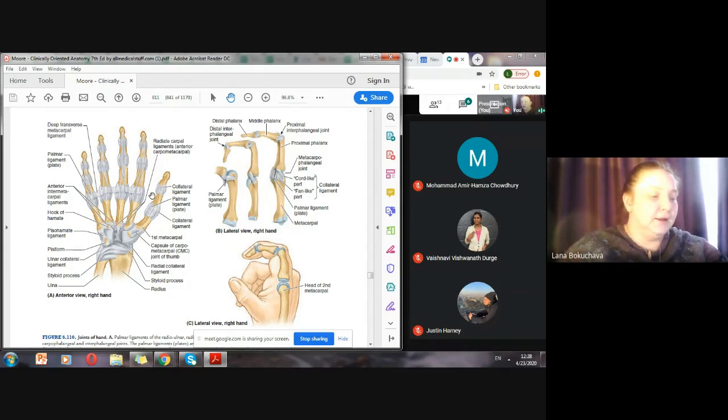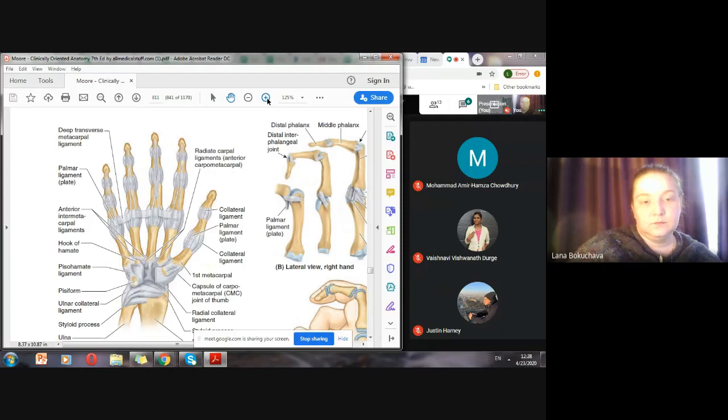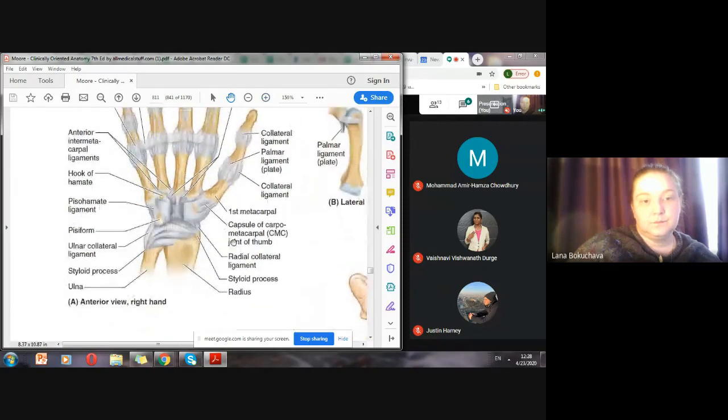Okay, let me show you it again, how it looks like. Look at this region. Do you see the part of the wrist? How it looks like? Yes.